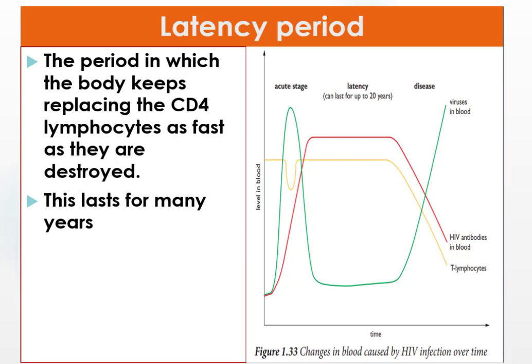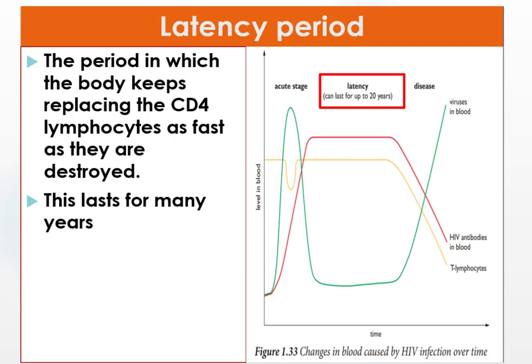The latency period is the period when the body keeps replacing CD4 lymphocytes as fast as they are destroyed by HIV. This latency period can last for many years. Characteristically, HIV infection can progress for 10 to 20 years before clinical syndromes or AIDS appear.